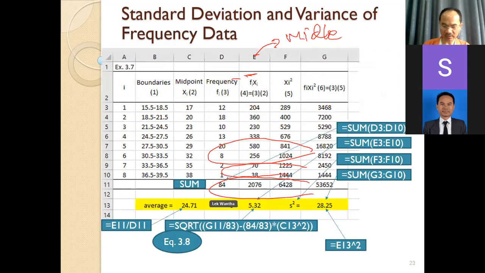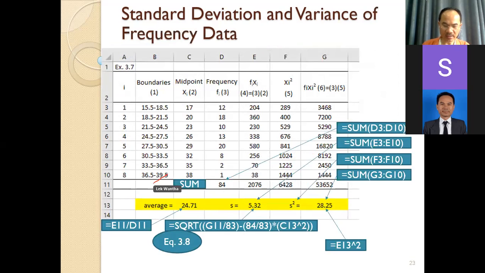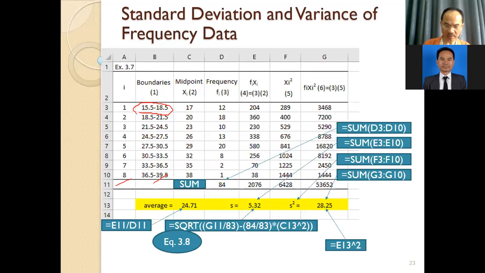For this, I show you by Excel. This is your group data, and then you have to calculate the midpoint, because xi for this case should be the midpoint. Because in the group data we have a lot of data, the calculation uses the midpoint. The midpoint is 17 for this: 15.5 plus 18.5 divided by 2.